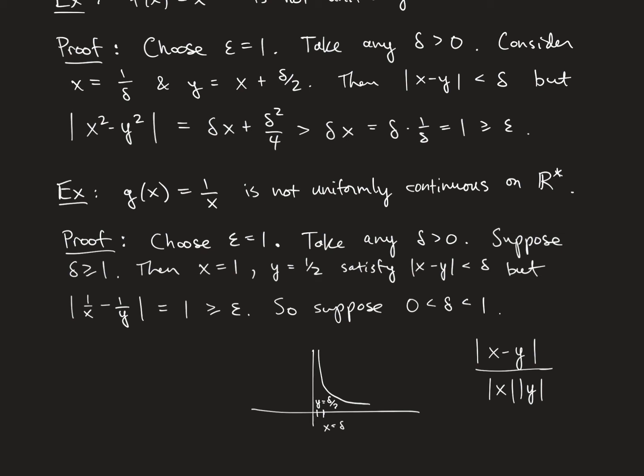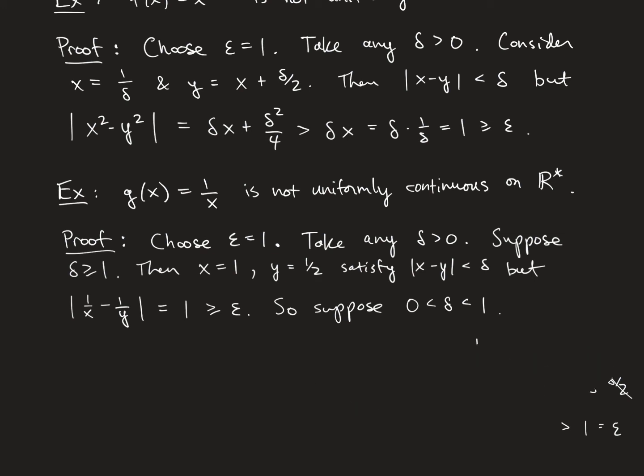So delta over 2. And then it's easy to see that this works out because the numerator is going to be delta over 2. The y part is going to be delta over 2, so that's going to cancel, right? And the x is going to be delta. And because delta is between 0 and 1, 1 over delta is bigger than 1. And that's equal to epsilon. So that's going to give us what we need in this case.